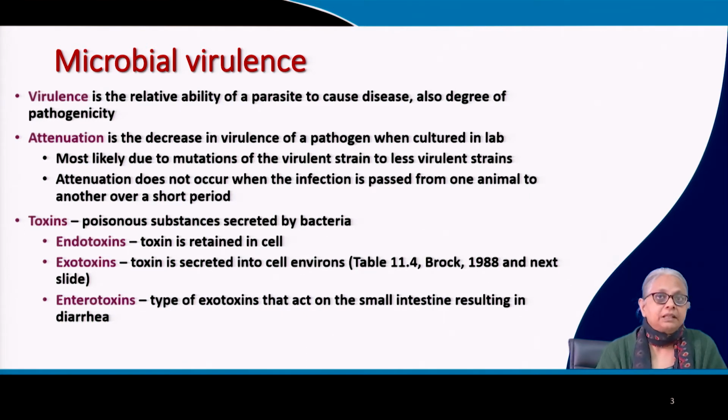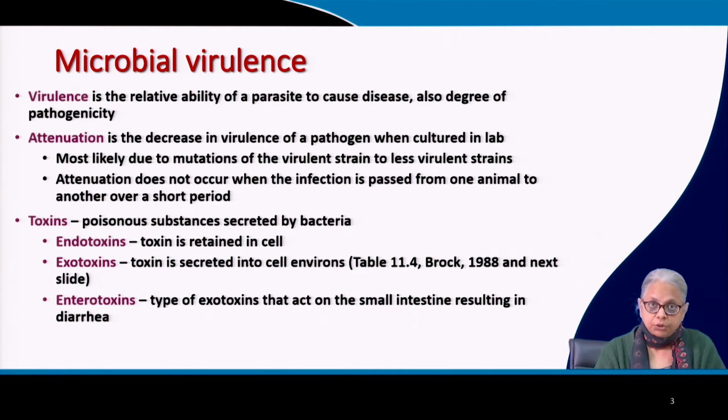Red algae secretes a particular toxin. It's an exotoxin, a neurotoxin, and has been responsible for the death of many people who go swimming in areas that are affected by red algae. So these toxins can be poisonous substances secreted by bacteria, algae and many other microorganisms.